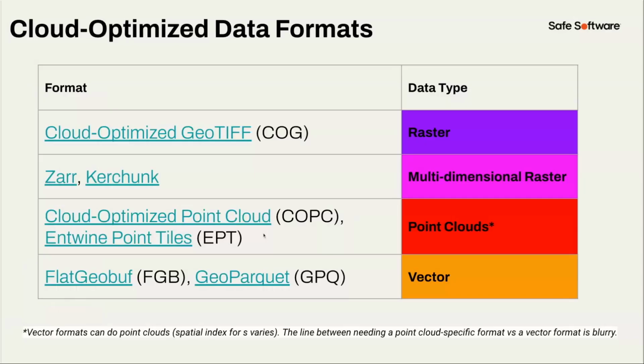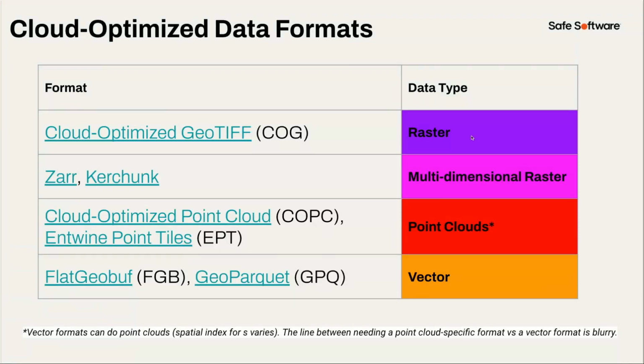Okay. So just as an overview, as I mentioned, different data types need different data formats. And so since this is an overview session, I picked out 4 main data types that you all might be providing or using, and their recommended Cloud Native Geospatial data format.